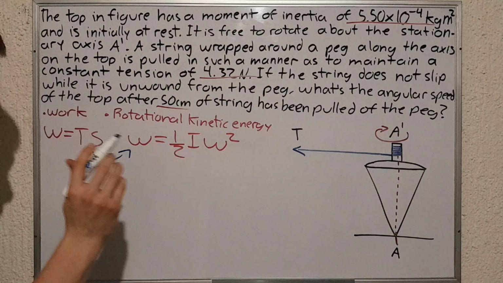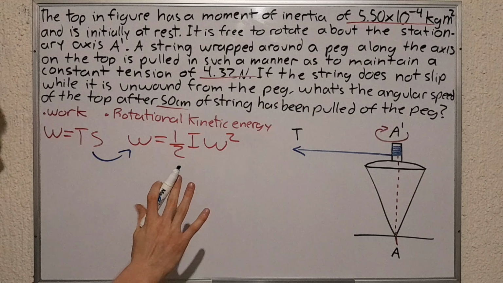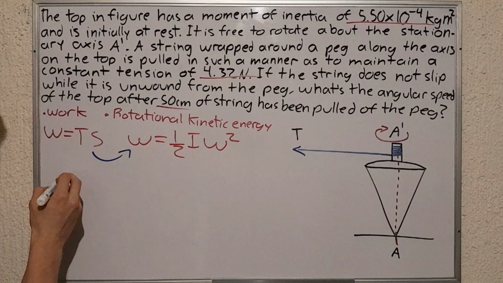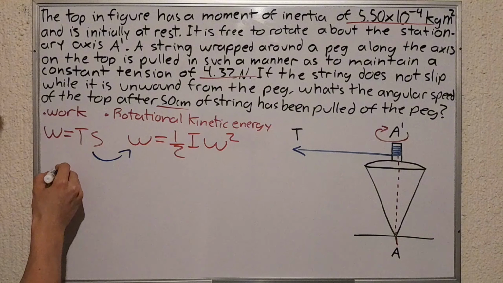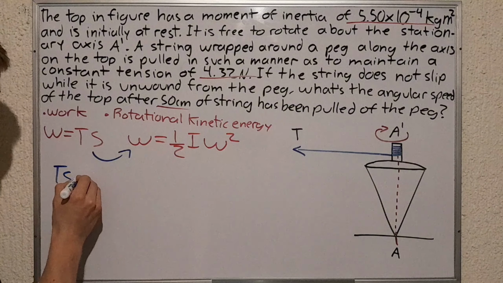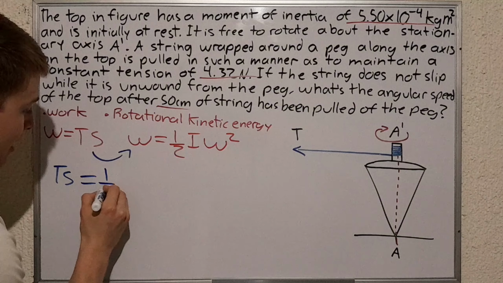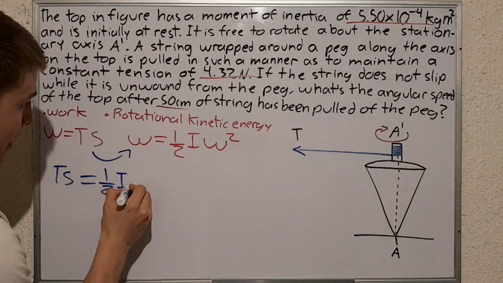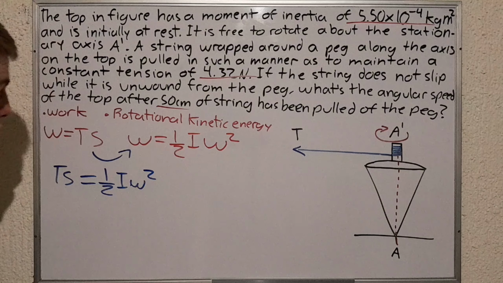What does this mean exactly? Our equation is TS equals one half of I times W squared.